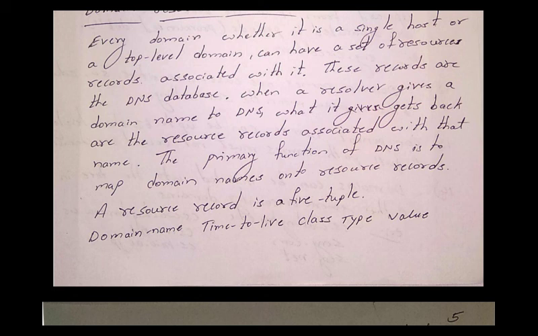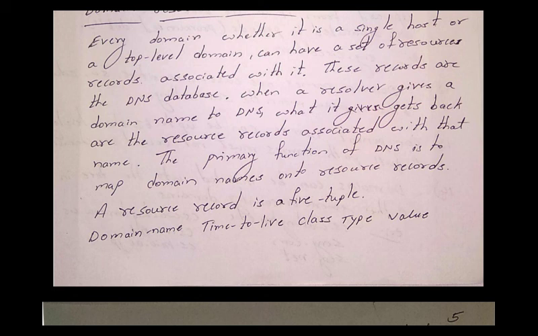A represents the IPv4 address of a host. The value is a 32-bit integer, that is the IP address it returns. AAAA is the IPv6 address of a host, where the value is a 128-bit integer. So in this way you have different types, the meaning of each, and the value that is returned and associated with that particular domain.